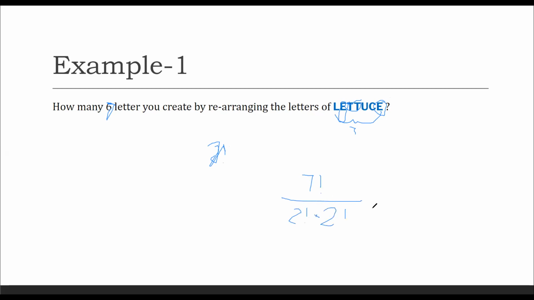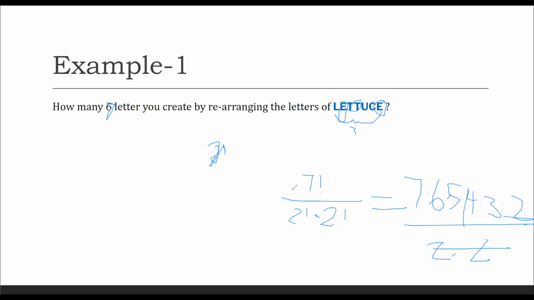This is going to come out to be 7 times 6. So this is going to cancel out, and you're going to get 1,260 as your answer for how many 7-letter words you can create by rearranging the letters of lettuce.